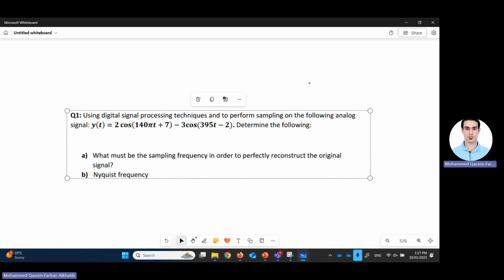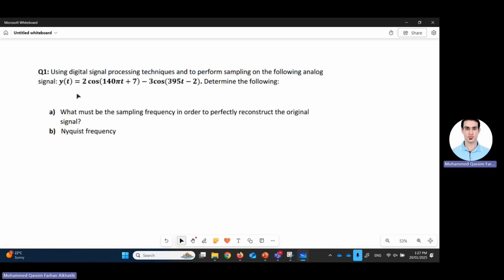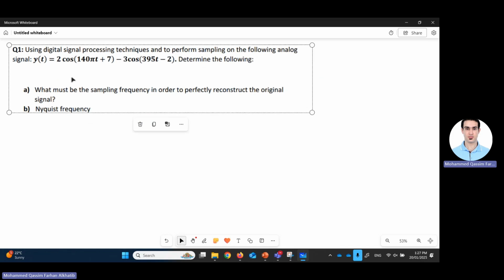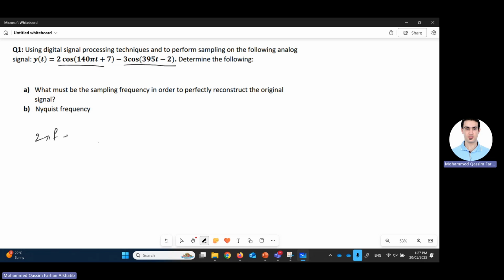All right. So for these kind of questions, basically we look at each signal I have. So I have two signals, and we'll look at the maximum frequency for each one of them. So here, the first one, 2 pi f equals 140 pi.